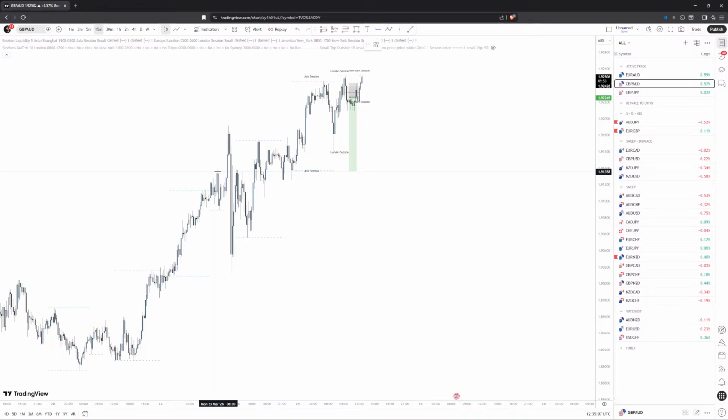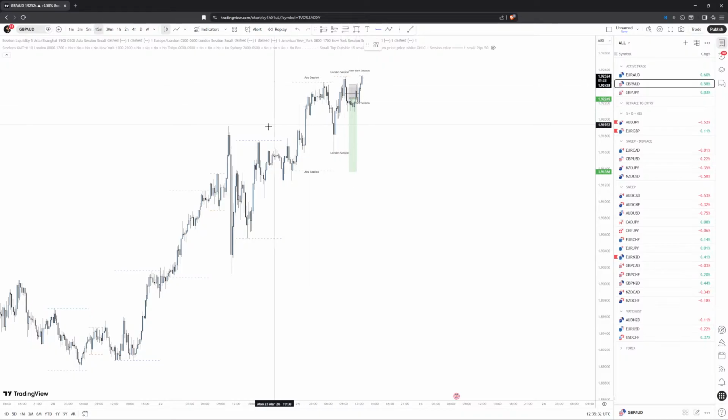But when it swept Asia highs over here, then New York swept London highs over here, displaced strongly, it came all the way back down, almost delivered all the way to Asia lows. So it's continuing up, and then we could have that same pattern again. For example, price could sweep Asia highs, and London has.